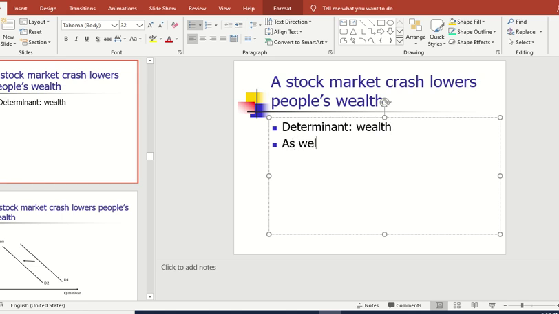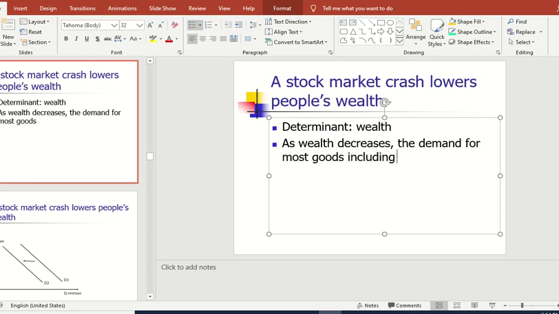So as wealth decreases, the demand for everything, including most goods and services, including minivans, decreases.